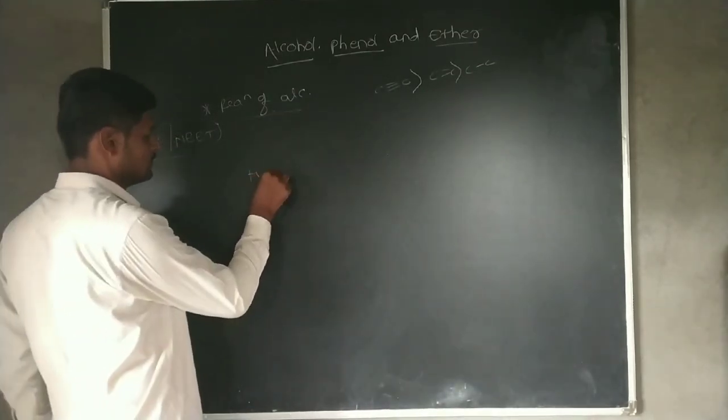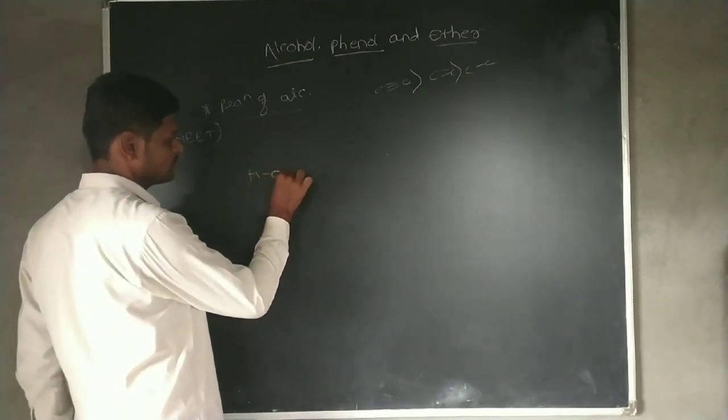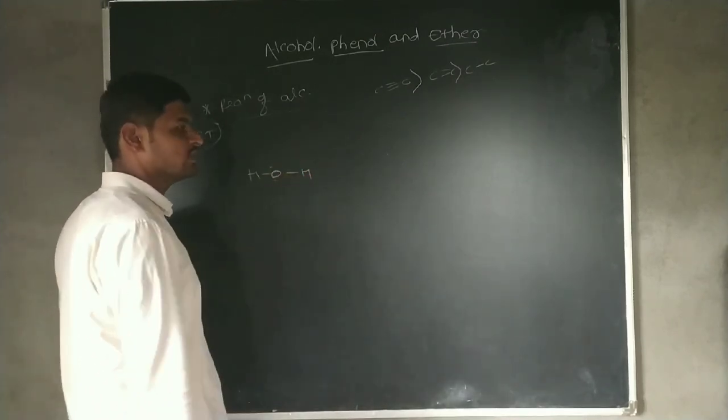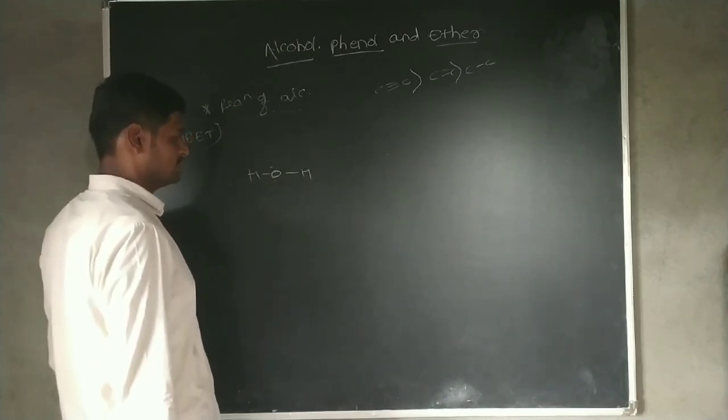As the first example, we consider the Grignard reagent with water. Water also carries H plus, so it reacts with Grignard reagent and forms the corresponding alkane.